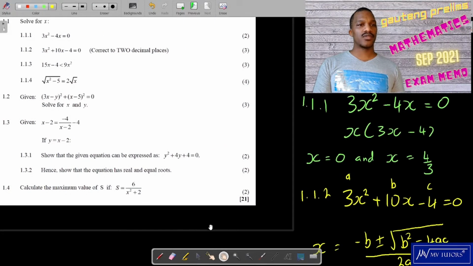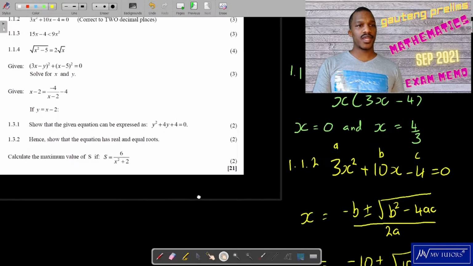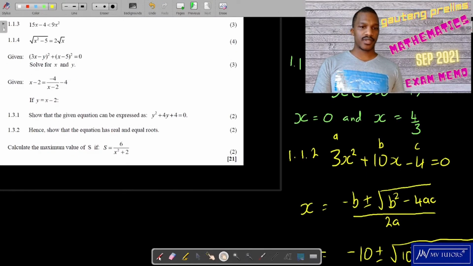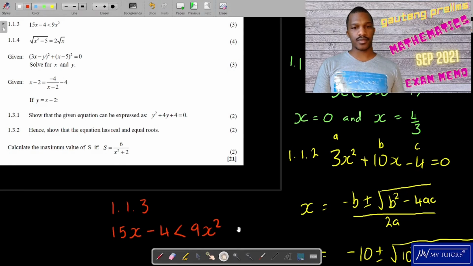The next one is 1.1.3. I want to start it down here. Let's go red. 1.1.3, and there we have 15x minus 4 is less than 9x squared.